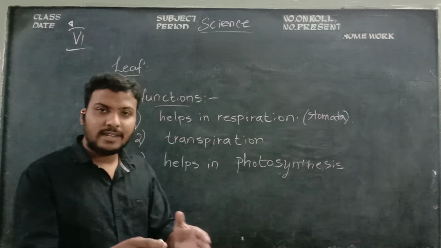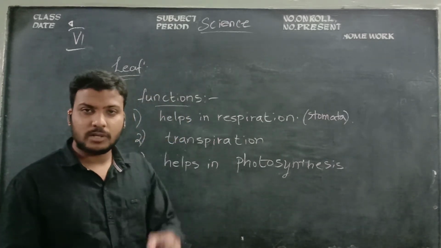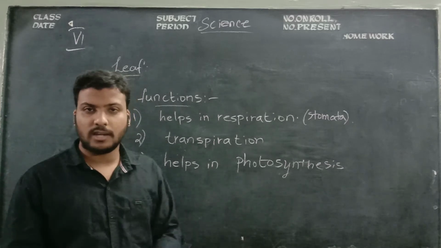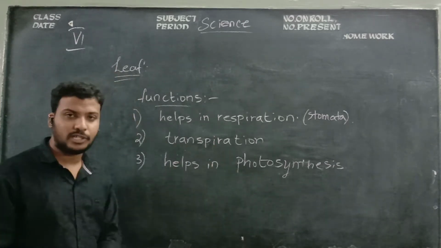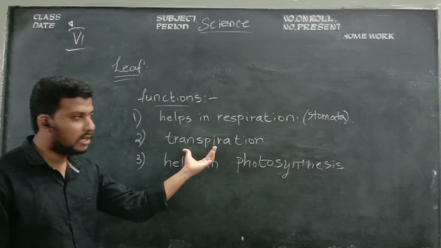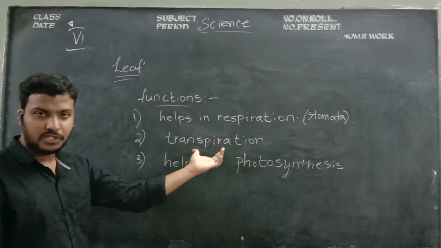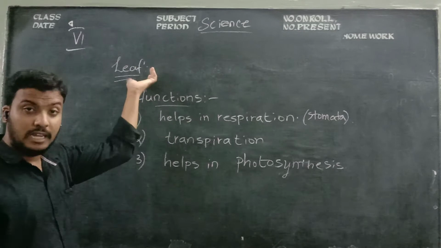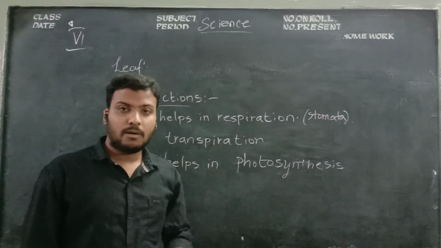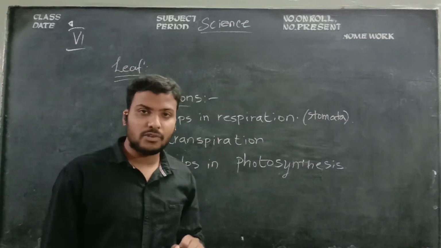So the process by which a plant's excess water is removed is transpiration. Transpiration is a process performed by the leaf to remove excess water present in the leaf, children.